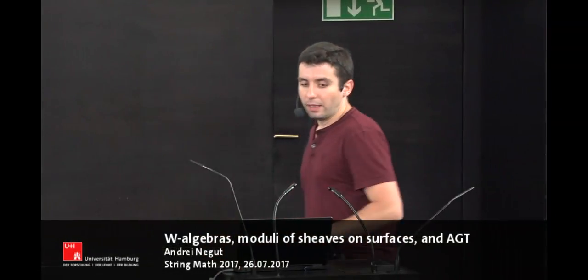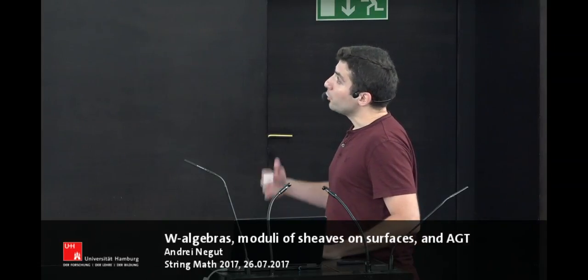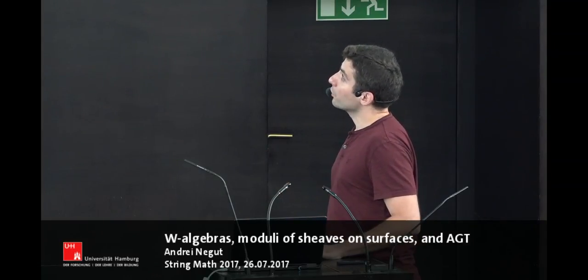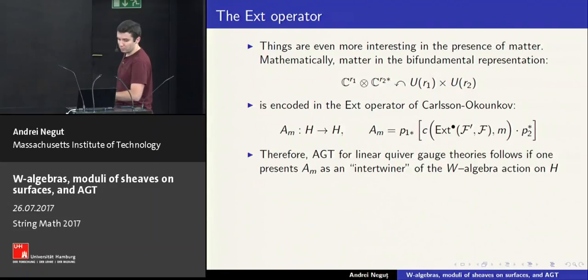It's a fact that you can work out what the partition functions of various quiver gauge theories with bifundamental matter are by studying this operator and studying in particular its matrix coefficients.